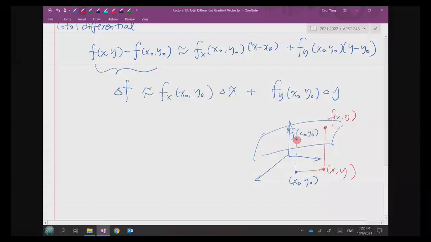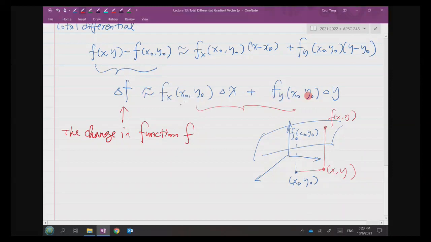So what is the vertical difference between these two? It's given by the delta f. So your interpretation of this expression is the change in function f, which is determined by these two terms over here. Approximately, this can be calculated using these two expressions.